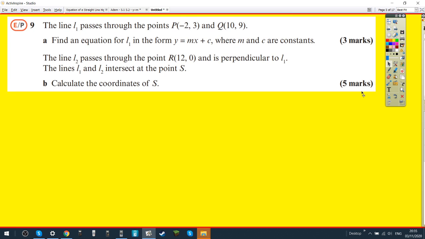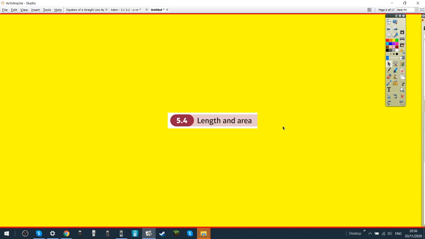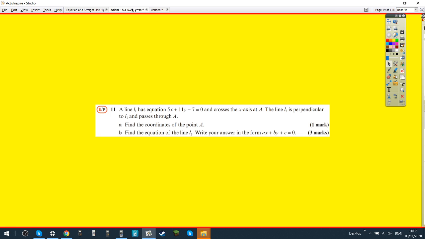Actually, that one looks the same. Oh, this is bringing together lots of stuff. The line L2 passes through, the lines intersect at S. It's just a big long question. Let me go back to these other exam questions.